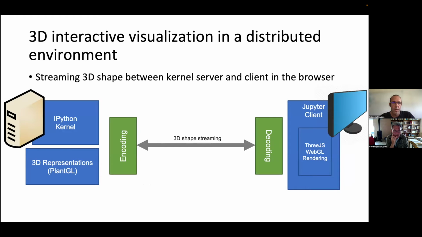Again, to recap the context, within the Jupyter framework, there is a client in a web browser and a server that actually contains the execution of the model. To transmit the result of the simulations, the generated 3D representation has to be communicated from the server to the client. On the client side, there is a high-level JavaScript library, Three.js, which is available and which allows displaying computer graphics in the web browser.